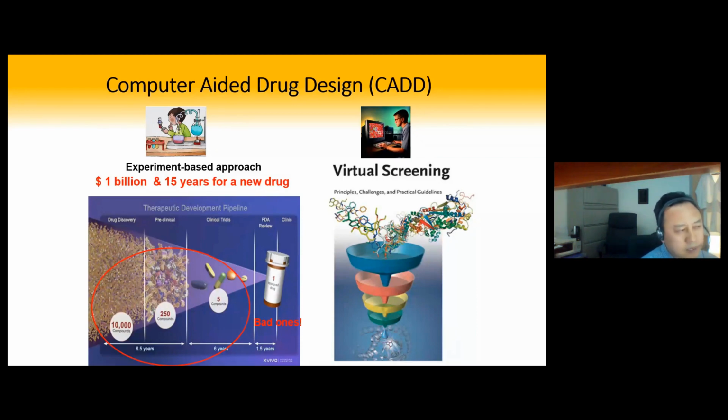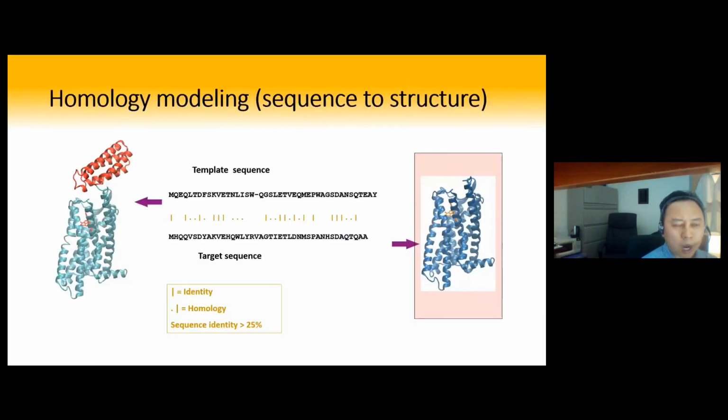So the first technique is used when we have the protein structure for the drug target. Ideally, we have a structure from crystallography or NMR, but in some cases we don't have those structures, so we can build a homology model. You may have heard of AlphaFold, which can basically do the homology model given just a sequence.